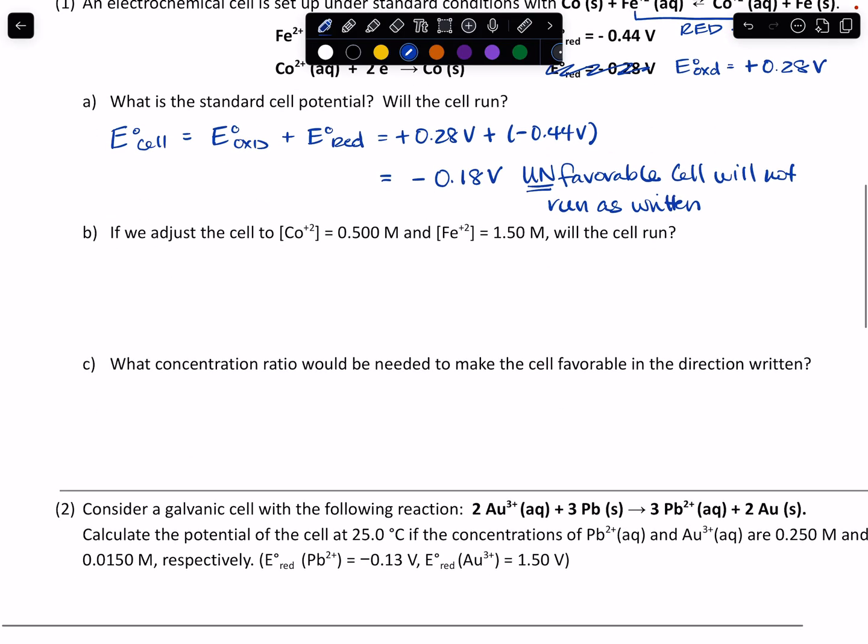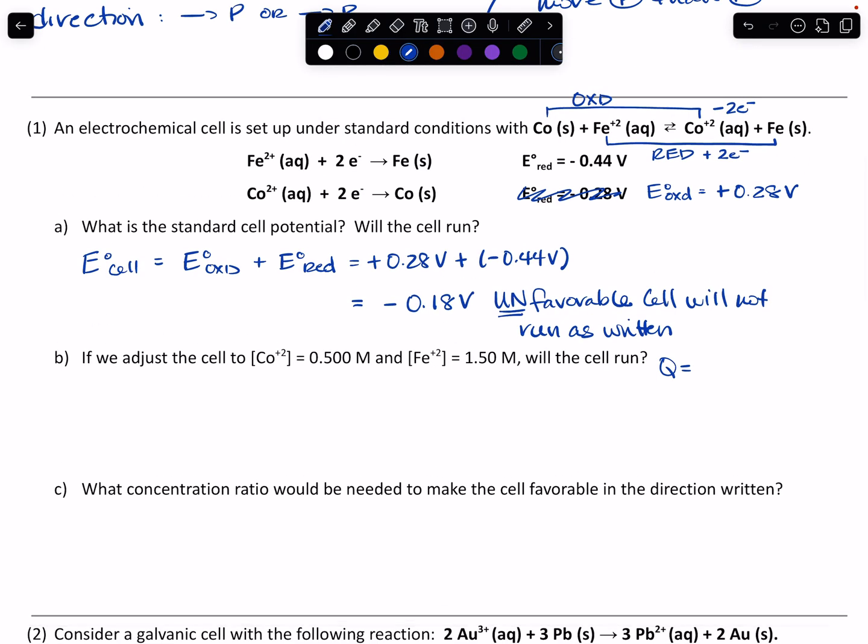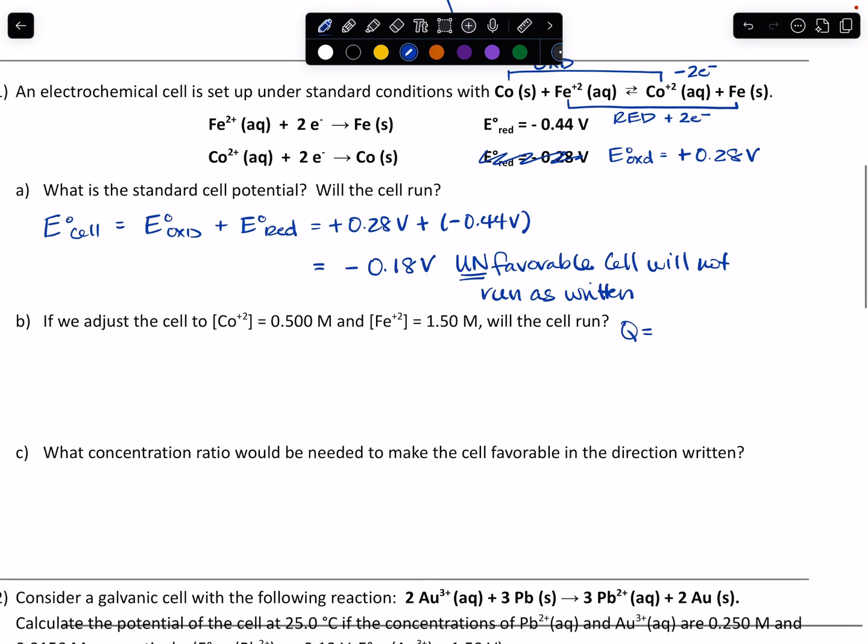So what if we adjust the cell concentration? What if we instead have 0.5 molar cobalt ions and 1.5 molar iron ions? Will the cell run then? The first thing we need to do is find Q. This reaction is balanced in terms of charge and elements.